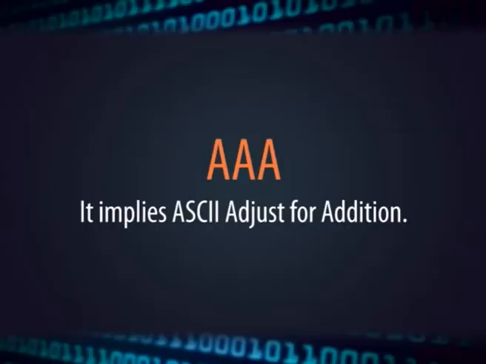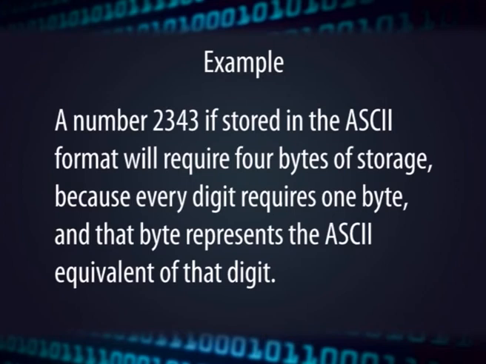The next arithmetic instruction available in the 8086 microprocessor instruction set is AAA, which stands for ASCII adjust for addition. The instruction is useful for adding two numbers when every digit of the number is expressed in ASCII format. For example, a number 2343, if stored in ASCII format, will require 4 bytes of storage, because every digit requires 1 byte and that byte represents the ASCII equivalent of that digit.